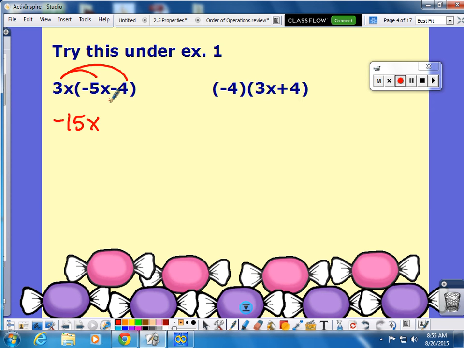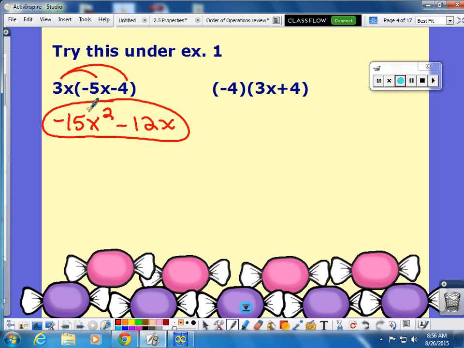During your math, we were talking about that x plus x is 2x, but x times x is what, y'all? X squared. Alright, and then 3x times negative 4 is negative 12x. Yeah, because they got different signs.